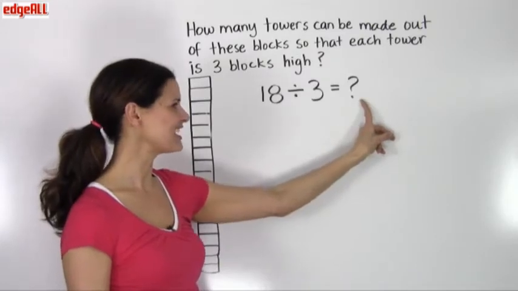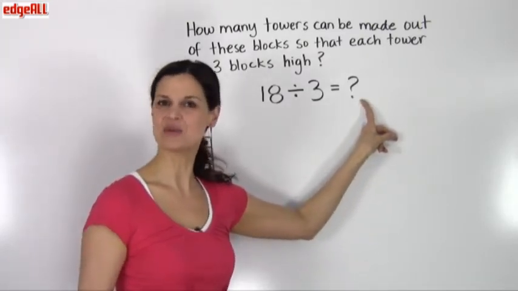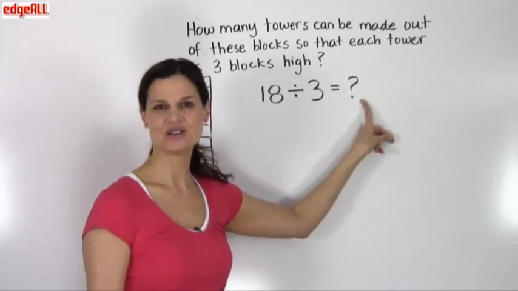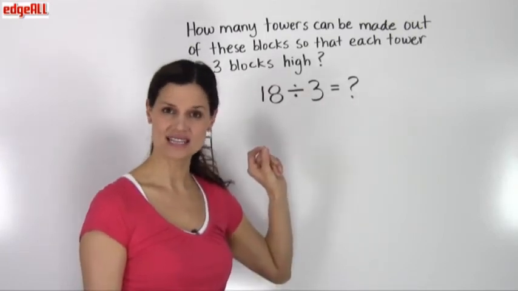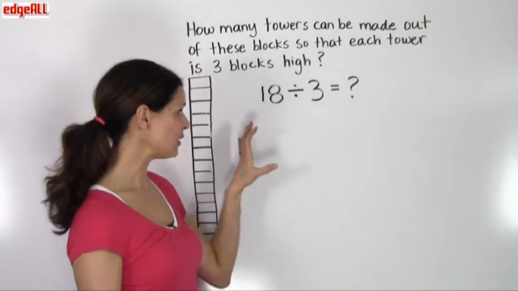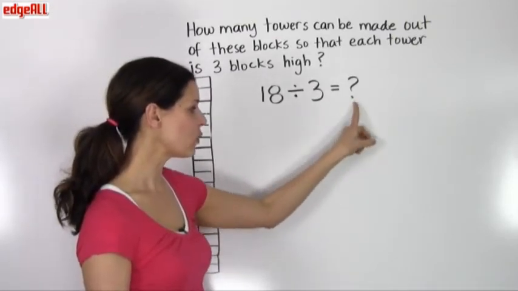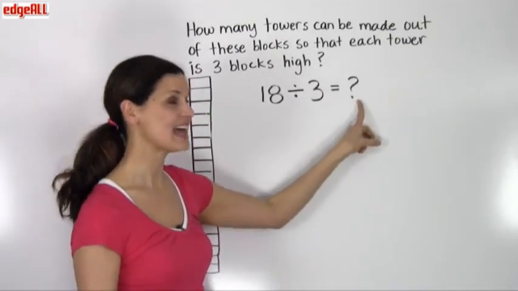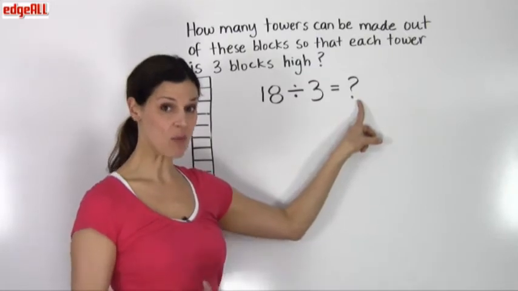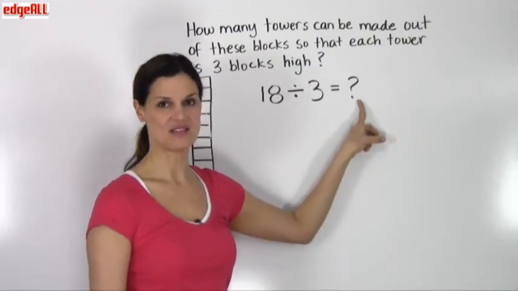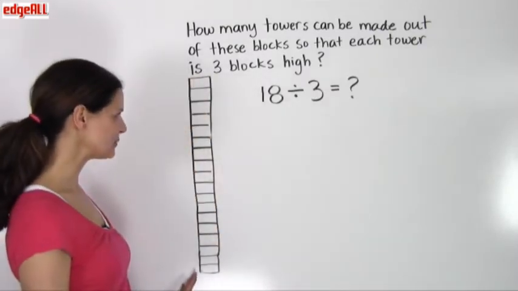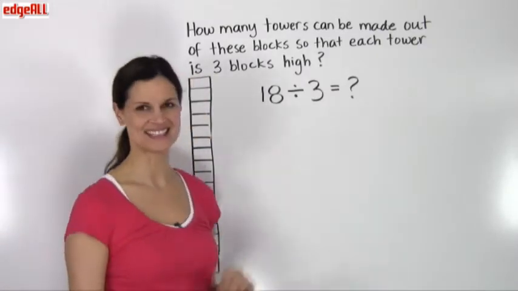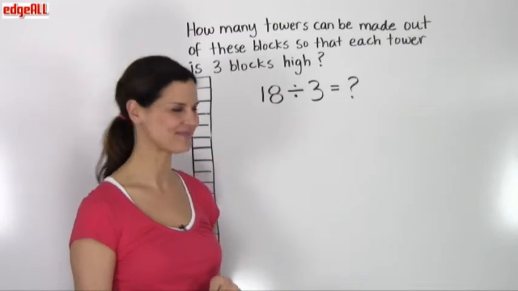The number to the right of our equal sign, the answer to our division problem, is called the quotient. In this example, the quotient is going to be the number of smaller towers that have been created by taking these 18 blocks and putting them in little stacks of 3.